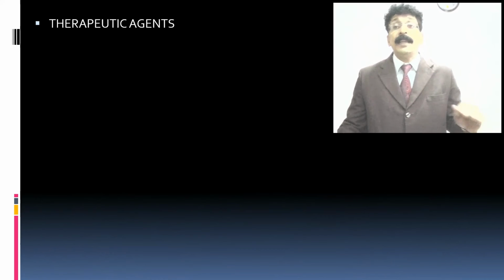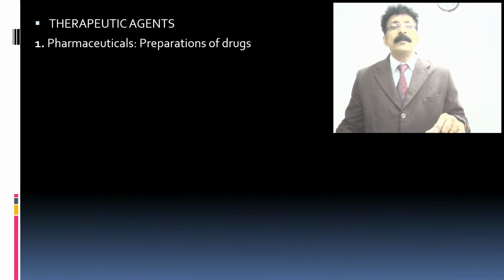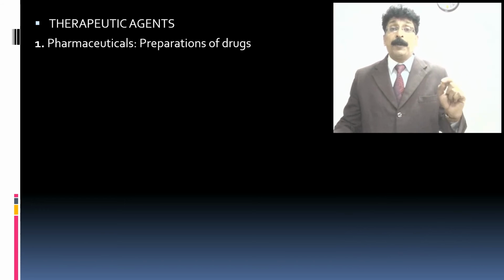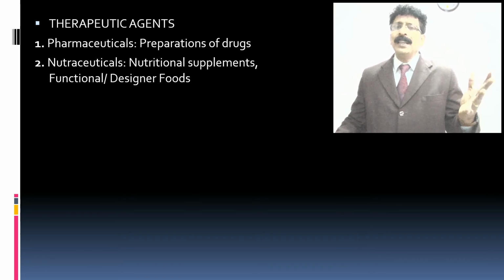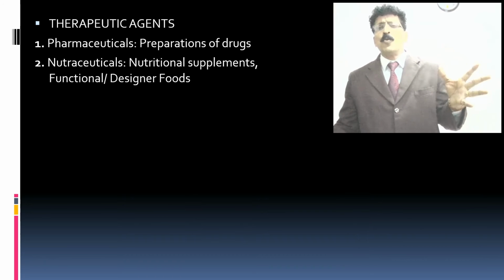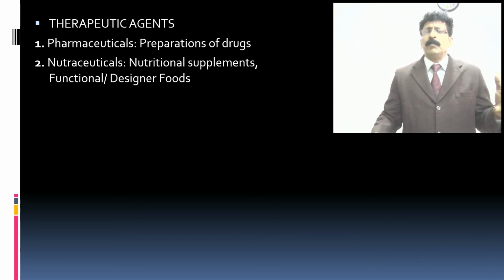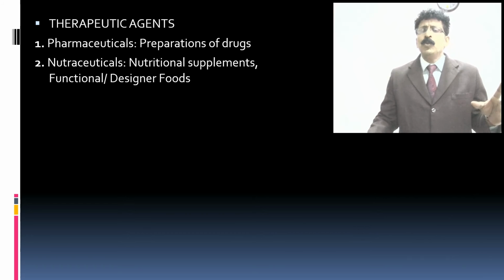Therapeutic agents. What is the definition of therapeutic agents? First, pharmaceuticals, which means preparations of drugs. Various drugs like tablets, capsules, syrups, transdermal, polymers, and we have many nanoparticles and sustained release drugs, and also many new phytosomes, and novel drug delivery systems are nowadays more common.